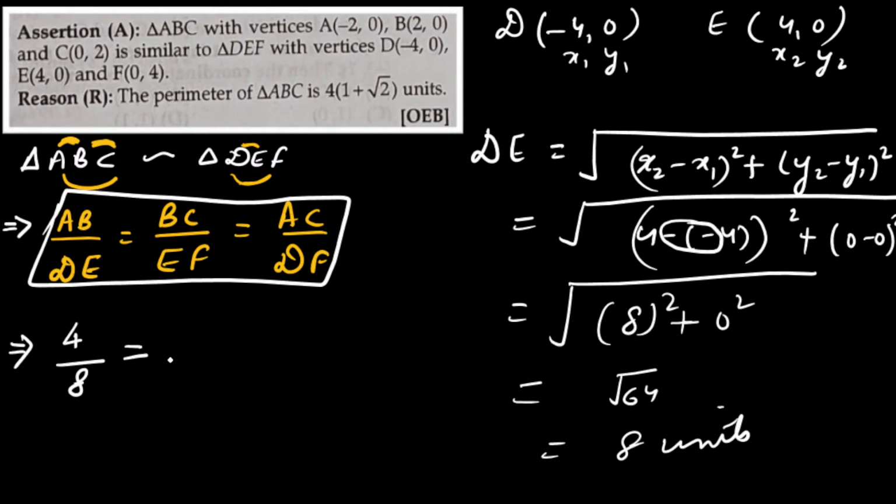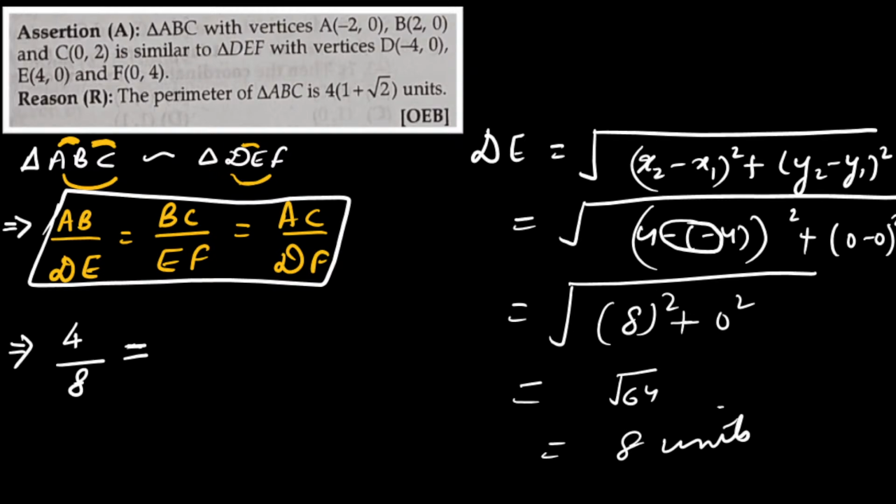In the same way, let us now find BC. For finding BC we have to use the coordinates of B and C. B's coordinates are 2, 0 and C's coordinates are 0, 2. So x1, y1, x2, y2.